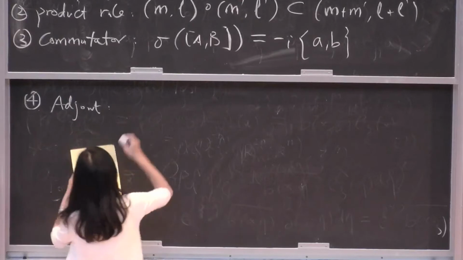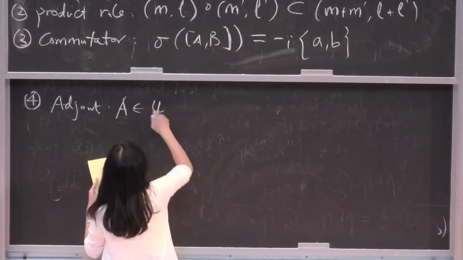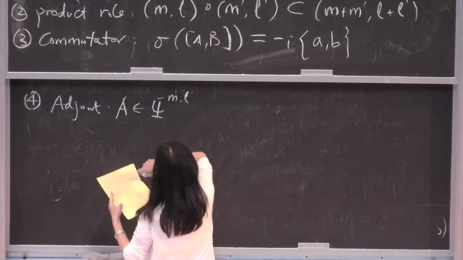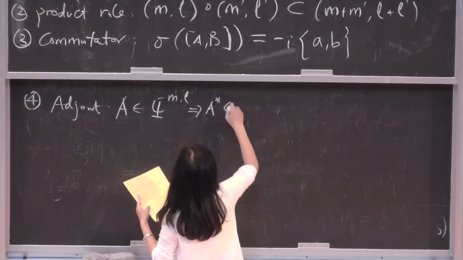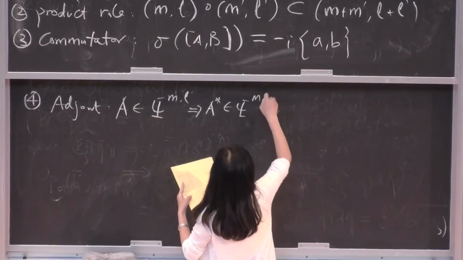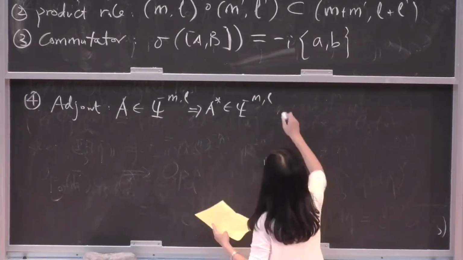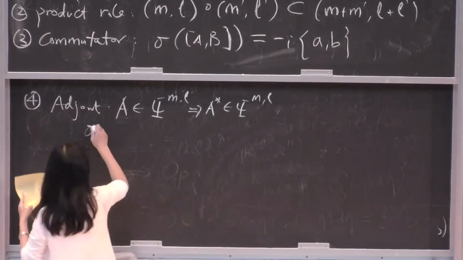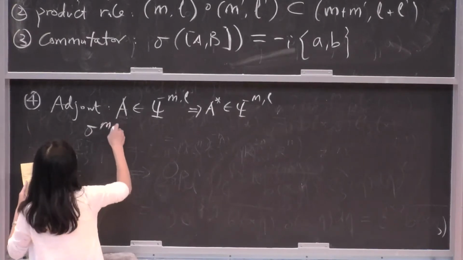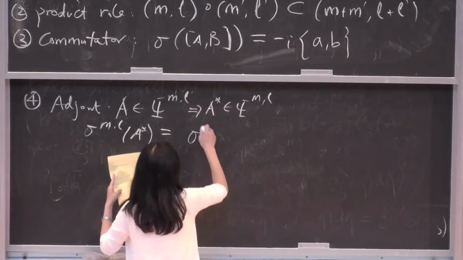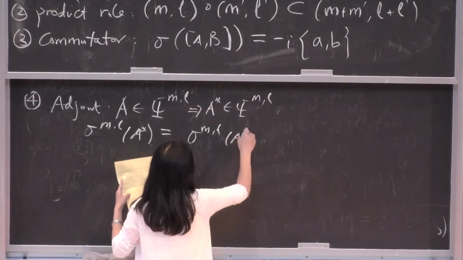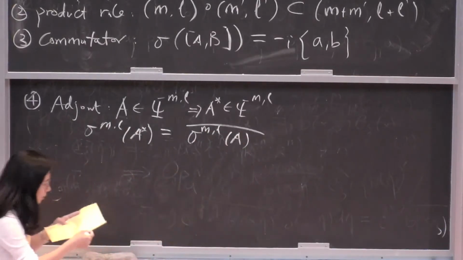If A is in this class, then A star is also in the same class, and we have the correct symbol correspondence: the principal symbol of A star is given by the principal symbol of A, taking the complex conjugate.